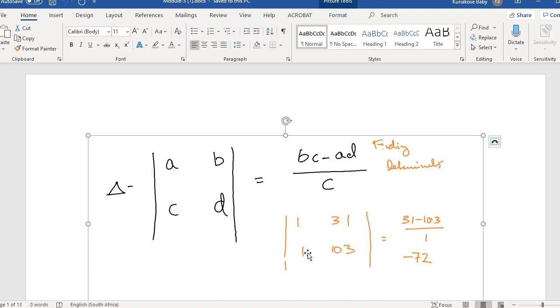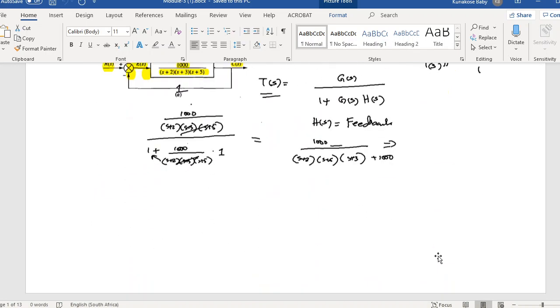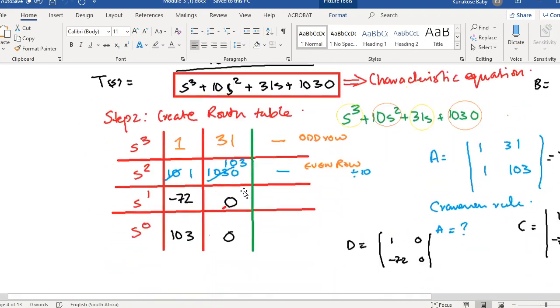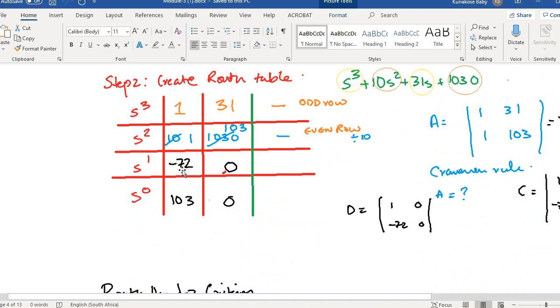So it is 31 into 1, which is 31, minus a into d, which is 1 into 103, which is 103. So 31 minus 103 divided by 1 is equal to minus 72. Therefore, I get s raised to 1 as minus 72.